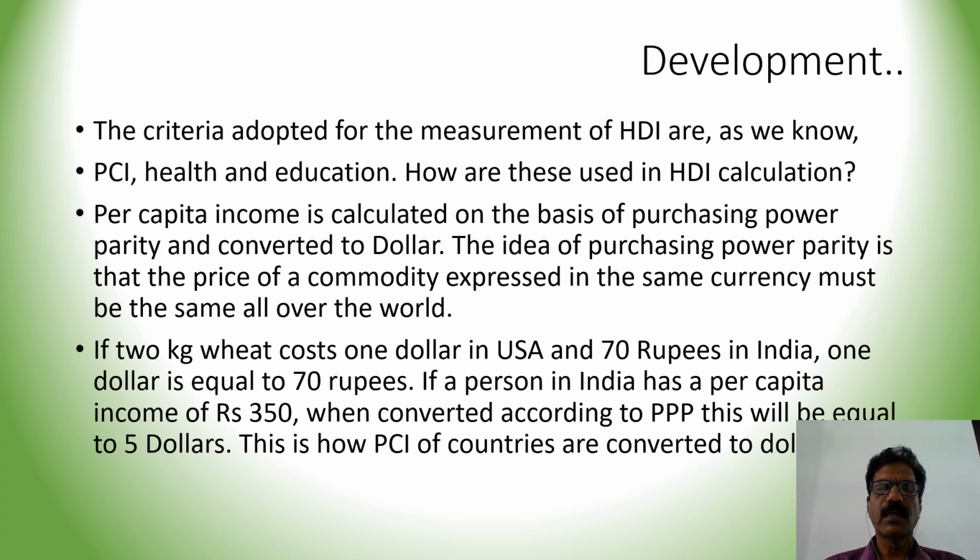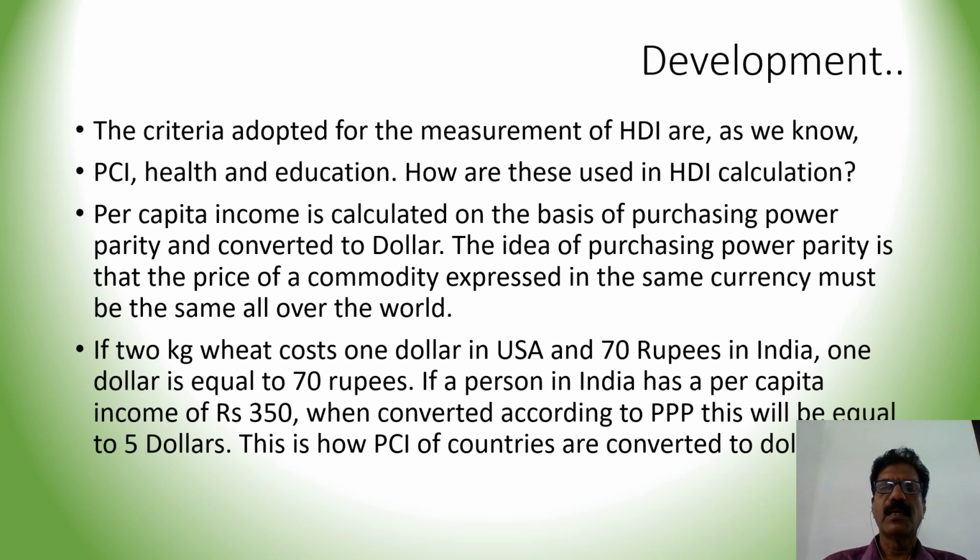If 2 kilogram wheat costs $1 in USA and 70 rupees in India, $1 is equal to 70 rupees. If a person in India has a per capita income of rupees 350, when converted according to purchasing power parity, this will be equal to $5. This is how per capita income of countries are converted to dollars.